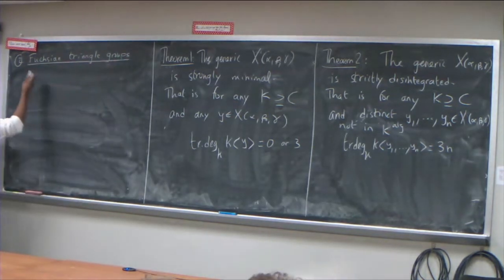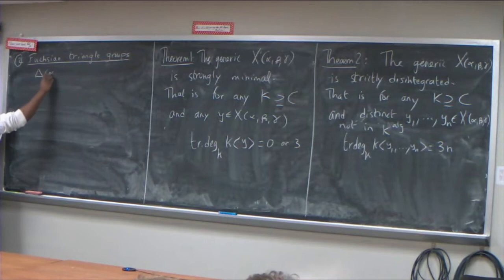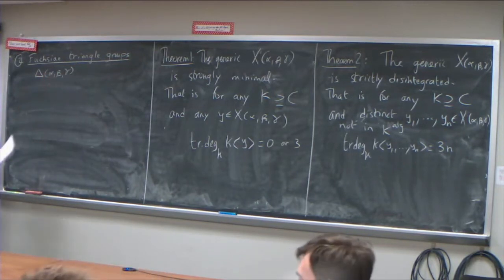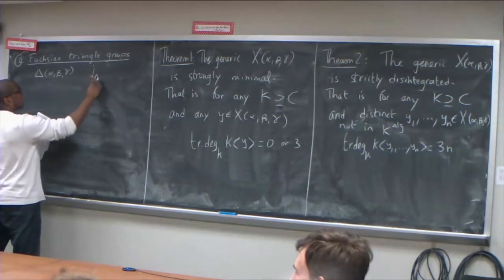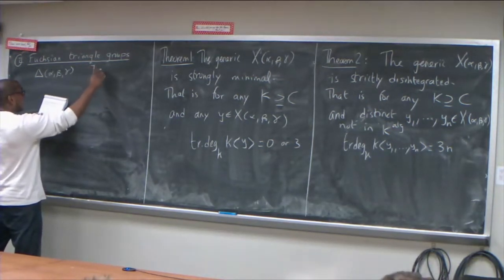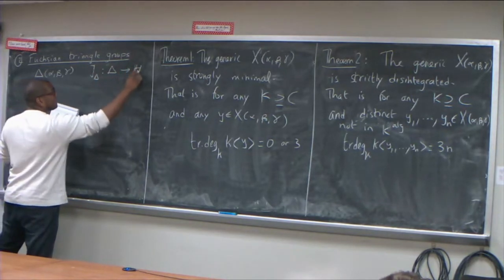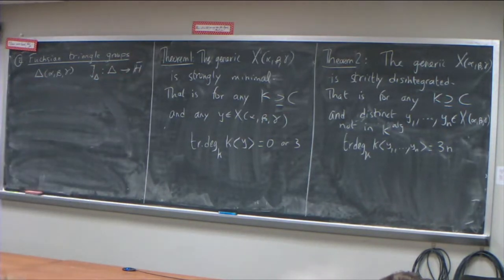So here again, I still have a setting where I have a triangle with the parameters alpha, beta, gamma, and J triangle will mean the unique map sending the vertices to infinity, 0, 1.